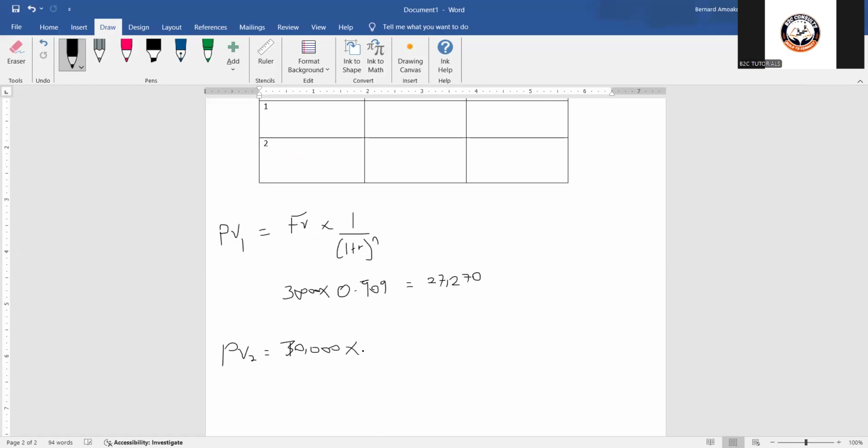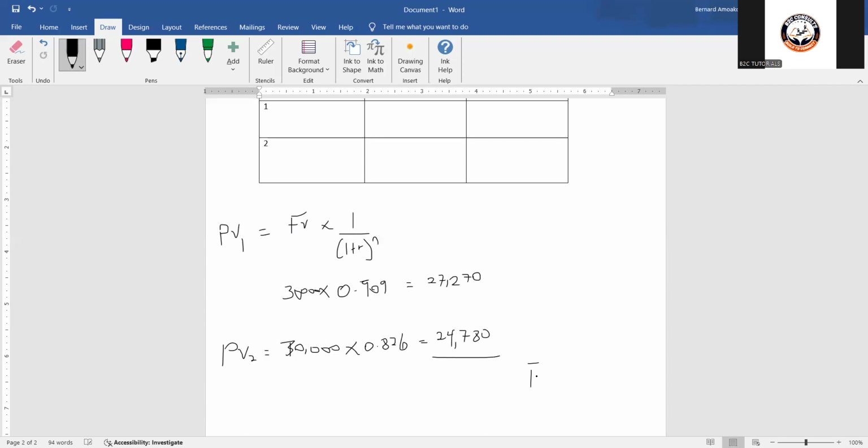So multiply by 0.826, which gives us 24,780.